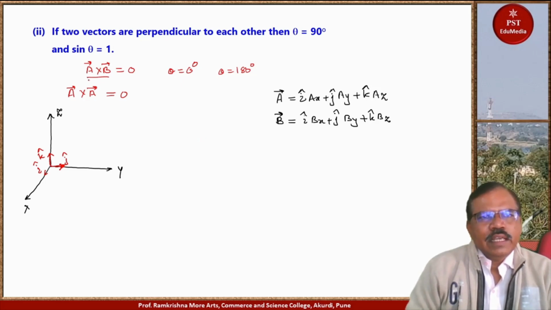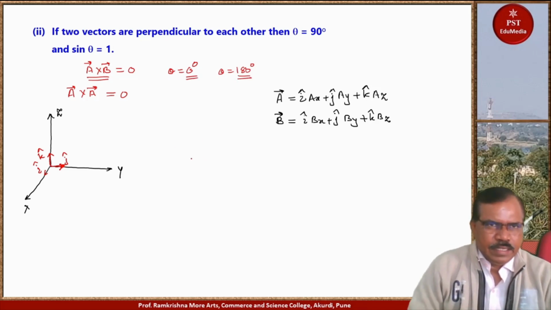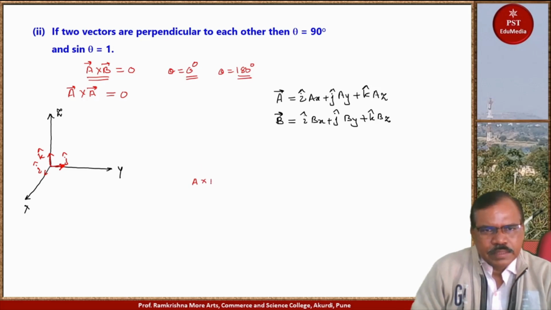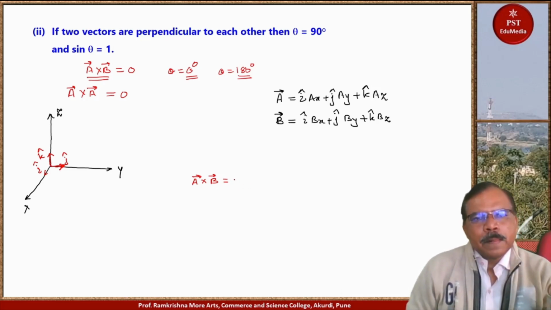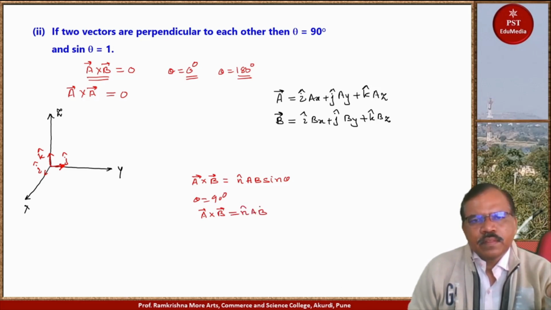And we have seen here A cross B is equal to 0 when theta is equal to 0 degree or 180 degree, and A cross B is equal to n AB sin theta, and when theta is equal to 90 degree, A cross B is equal to n AB, because sin theta is equal to 1 here.